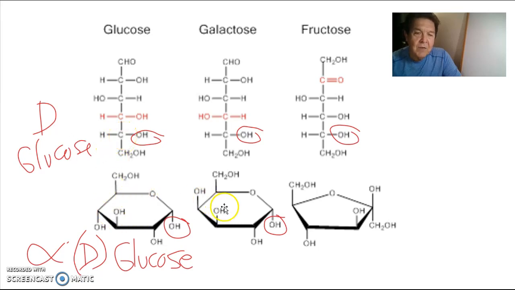Remember that these compounds can be represented like the Fischer projection, but in real life they are in the form of cycles, as you can see here. According to the position of the OH in the chiral carbon, if it is down, it is alpha D-glucose, for example. If it were up, it would be beta D-glucose.